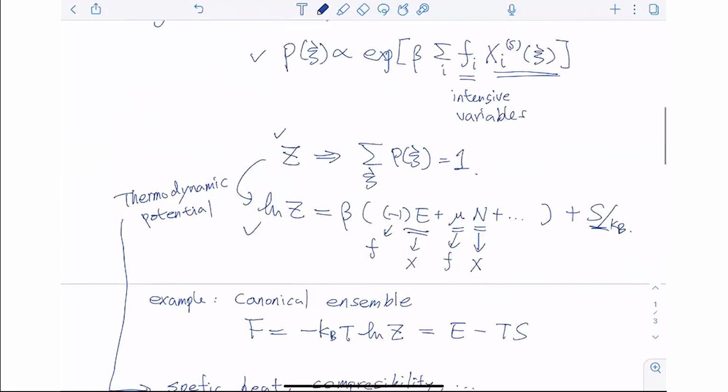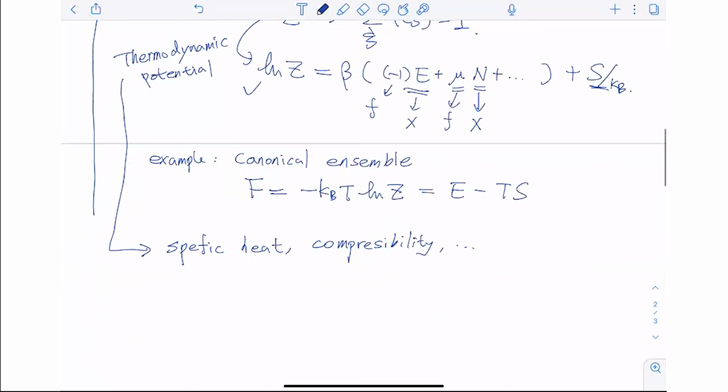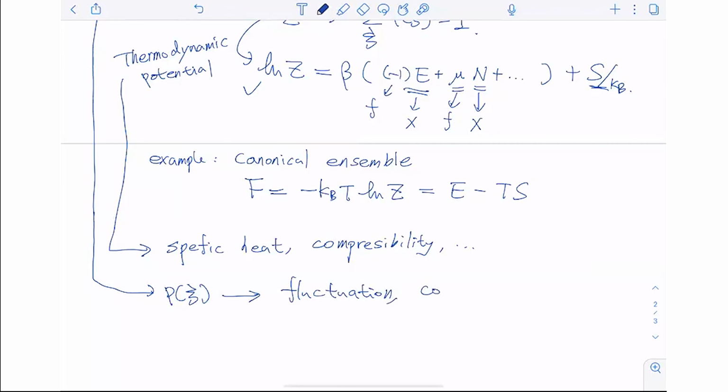But as we mentioned, statistical mechanics provides more, because we have the full information of the probability of the microscopic configuration. So it also allows us to calculate something such as the fluctuation or the correlation function from the statistical point of view.